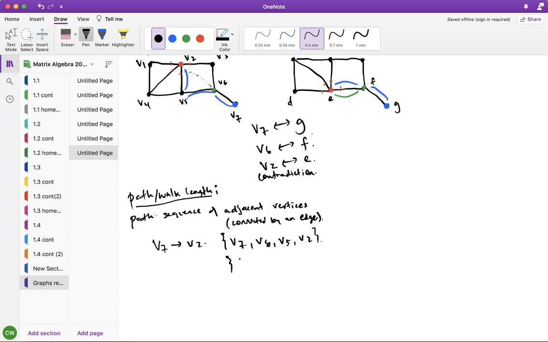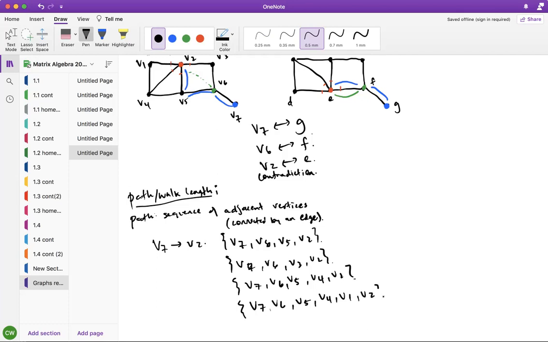Here's another one: V7, V6, V3, V2. Here's another one: V7, V6, V5, V4, V2, and maybe one more: V7, V6, V5, V4, V1, V2. The last one takes a bit longer to get there, but it's still a path.